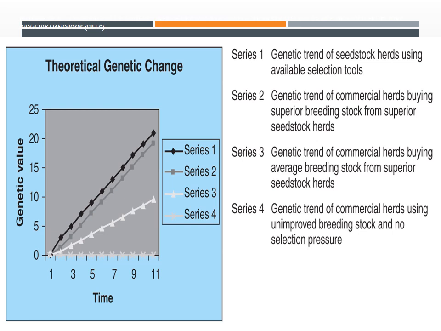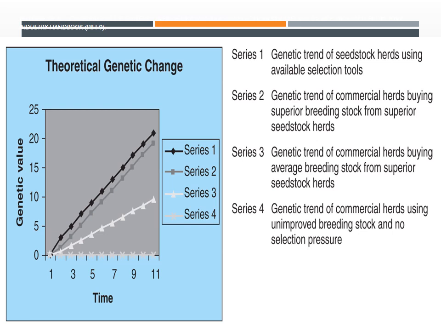Let's step up to the white line with the triangles on it. That's the genetic trend of commercial herds buying average breeding stock from superior seed stock herds. Notice now we make an almost linear improvement in genetics over time in terms of genetic value. Series 2 is the gray line with the boxes on it, the genetic trend of commercial herds buying superior breeding stock from superior seed stock herds.